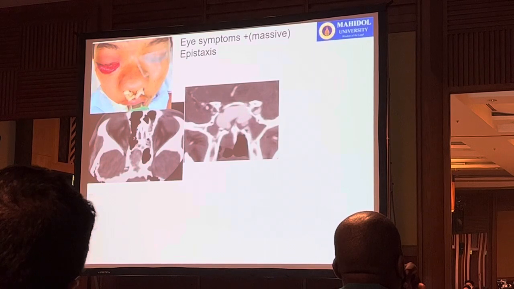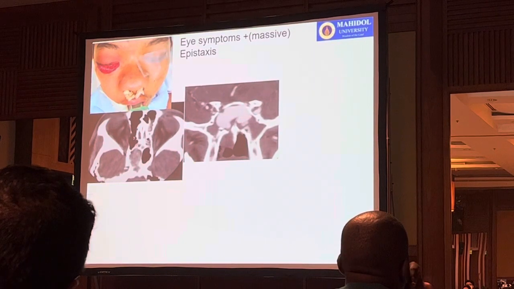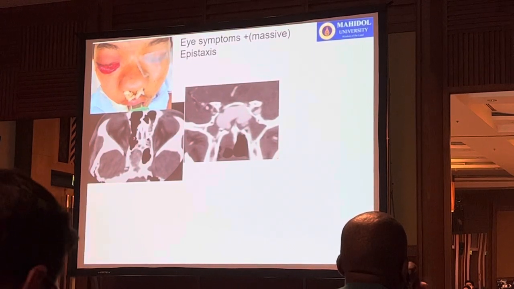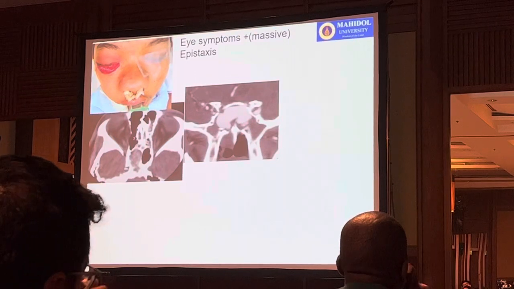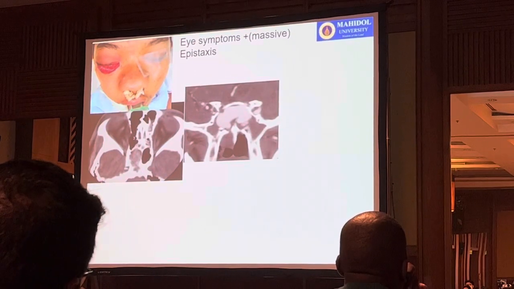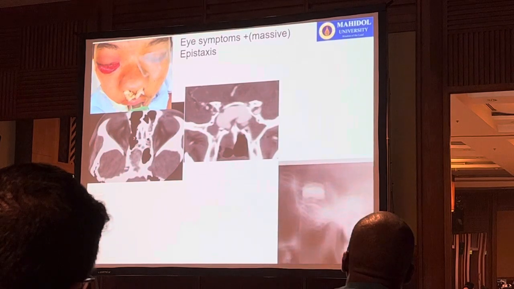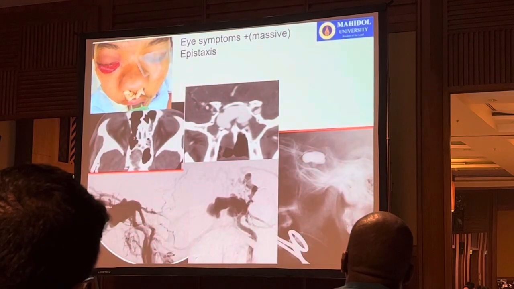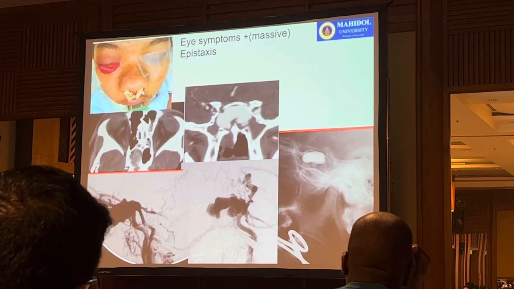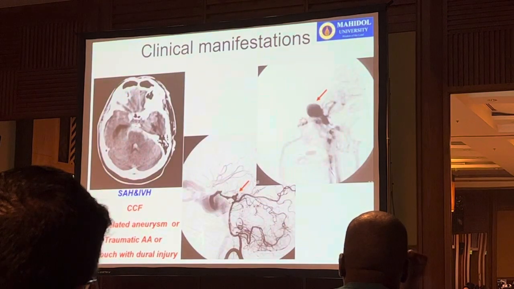So the recommendation is to pack whatever they can pack. They pack anterior, posterior, Foley catheter, whatever material they have, and send the patient rapidly to us. So this is what we can see. You can see the clamp of the packing still there, and then you will try to treat and make the patient survive.